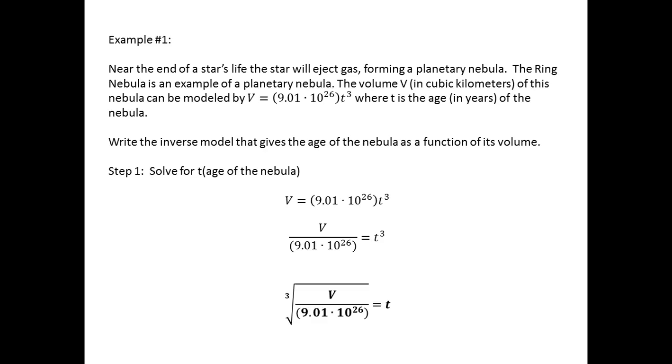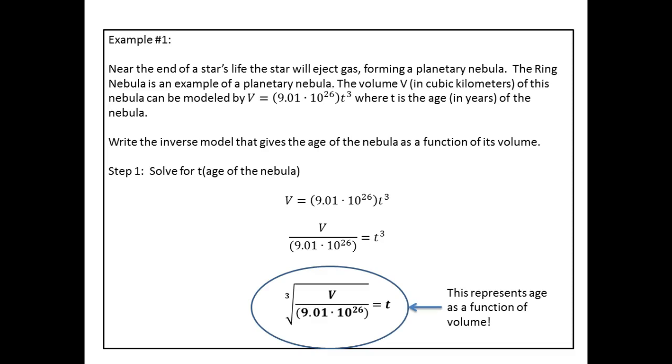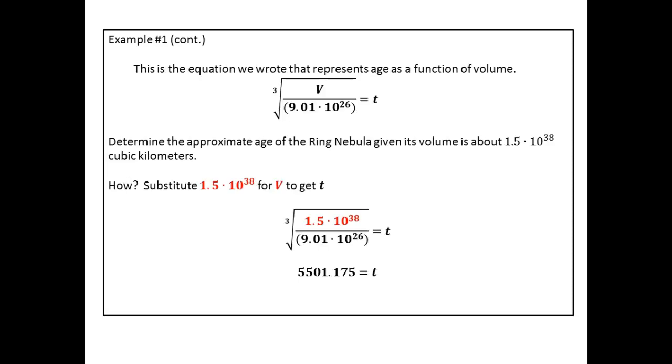Now the next thing I might be asked, or that you might be asked on a test, is to determine the approximate age of the Ring Nebula, given its volume. Now, we get given a numerical expression for the volume.